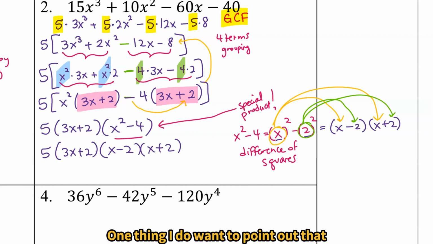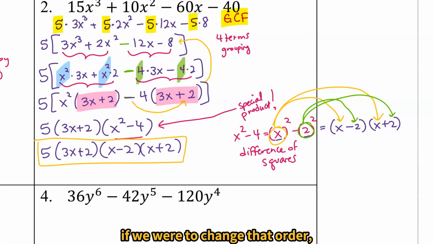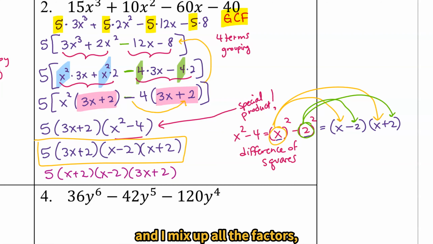One thing I do want to point out, that even though I have this ordering for my factors, if we were to change that order, and I mixed up all the factors, this is still also correct.